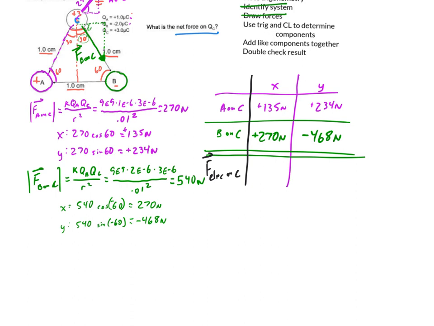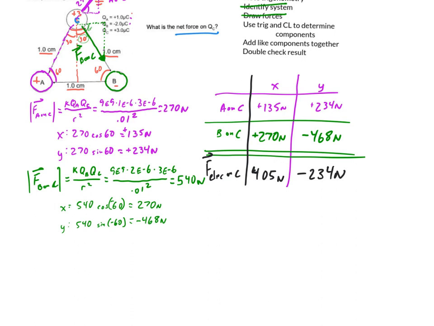Okay, 135 plus 270 is 405 newtons, and then 234 minus 468 is negative 234 newtons.